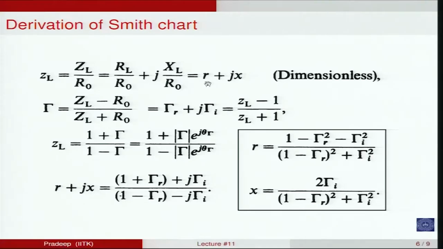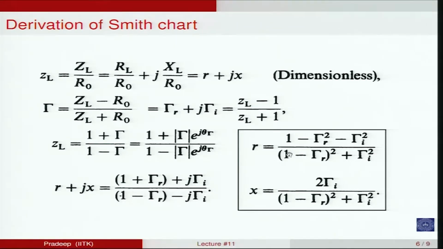You replace the magnitude of gamma e to the power j theta, which is the phase angle, by gamma itself, and gamma can be written as gamma_r plus j gamma_i, and then you can use complex number normalization to do this.